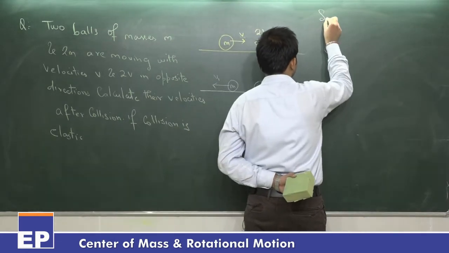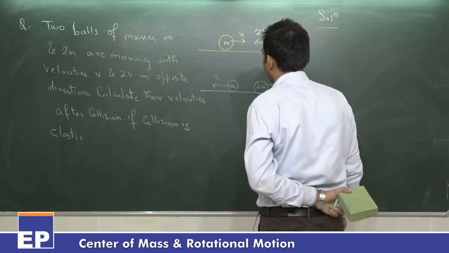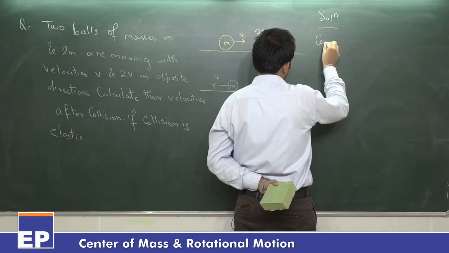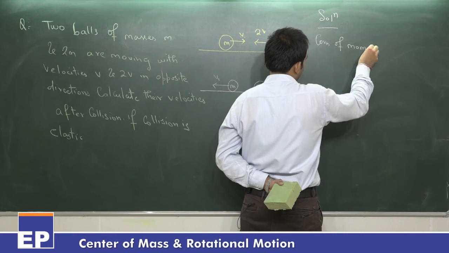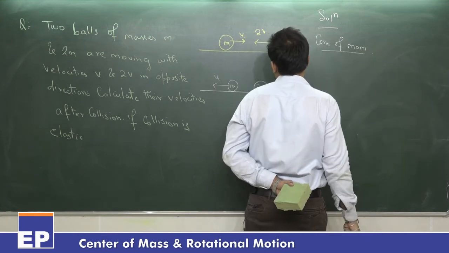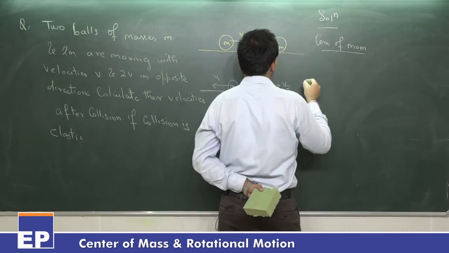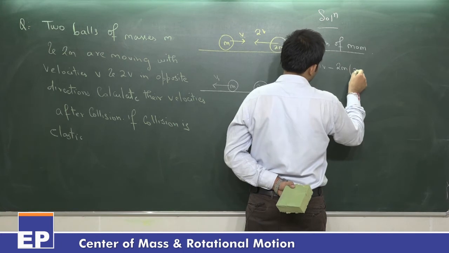Look, what can we do? First you can write by conservation of momentum. It is moving in this direction, it is moving backward. So what is the initial momentum? M into V minus 2M into 2V.